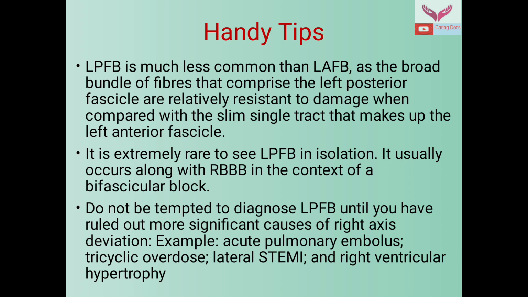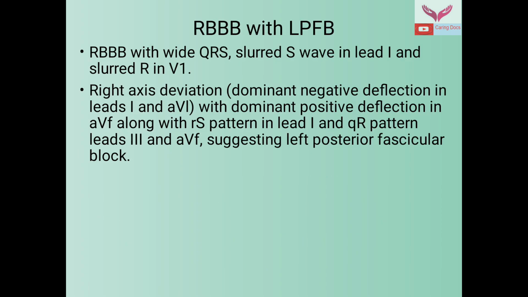It usually occurs along with right bundle branch block in context of a bifascicular block. So do not be tempted to diagnose left posterior fascicular block unless we have ruled out more significant causes of right axis deviation. For example, patients with acute pulmonary embolism, tricyclic overdose, lateral STEMI, and right ventricular hypertrophy.